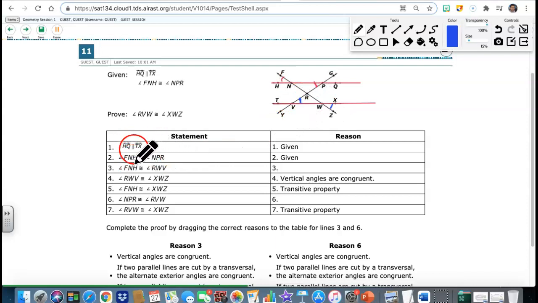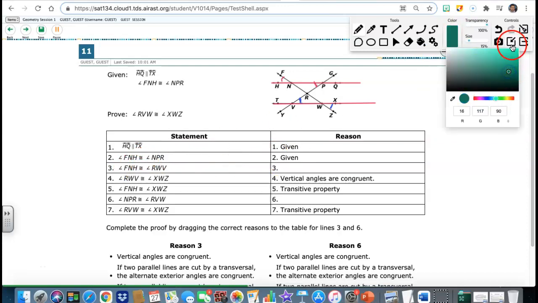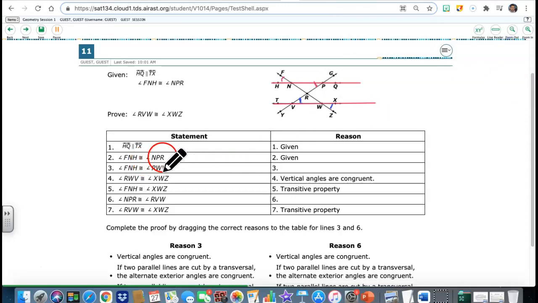The first steps, statements 1 and 2, are given. In number 3, they're saying F and H is congruent to RWV. So this and this are congruent. If this line is parallel to this line, then the green angles are corresponding angles.